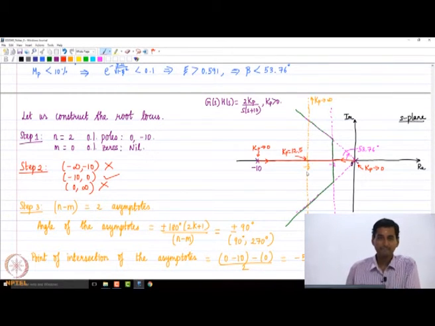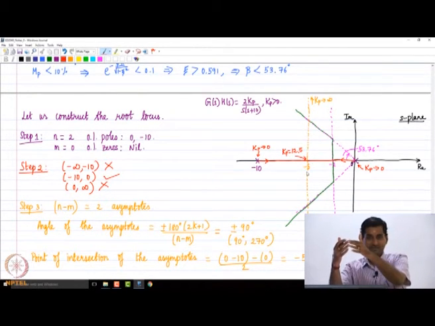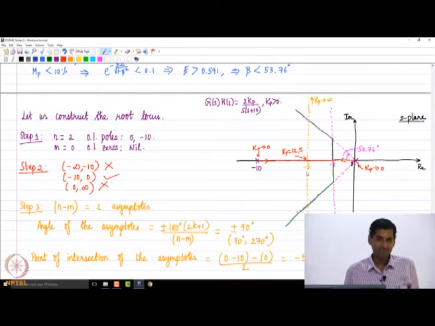What is the meaning of a breakaway point in the complex plane? Here we know that it diverges from the real axis. What does that mean? You may have two root locus branches coming and intersecting at some point in the complex plane. You can have that, there is nothing which says we cannot.